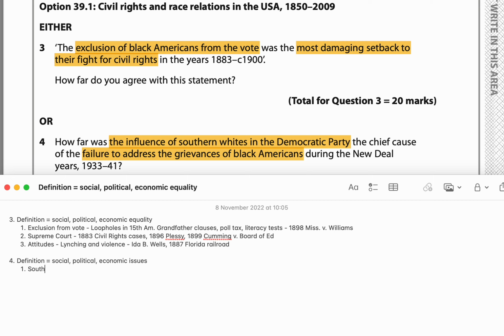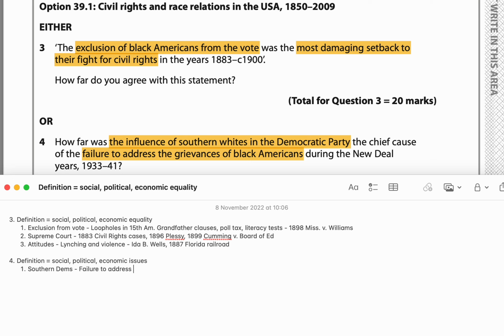So if we think about Southern Democrats as paragraph 1, okay, the key piece of evidence is the failure to address lynching and the use of the filibuster to block this anti-lynching legislation.